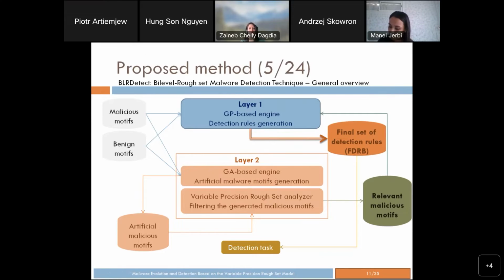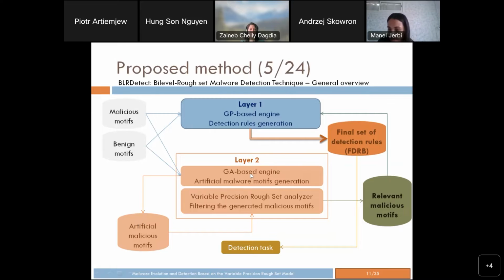In fact, the first layer presents the upper level and produces detection rules using a genetic programming based engine fed with the base of examples composed of malicious and benign motives, and also the outcome of the second layer, which is the generated artificial motives.